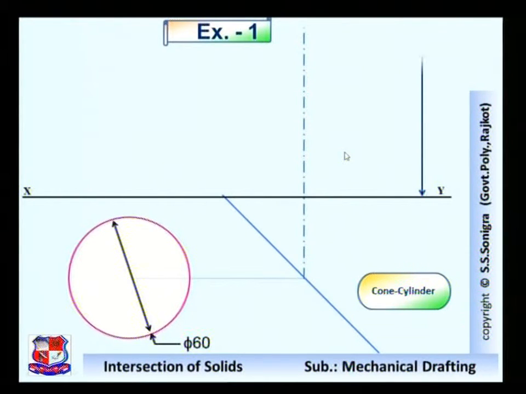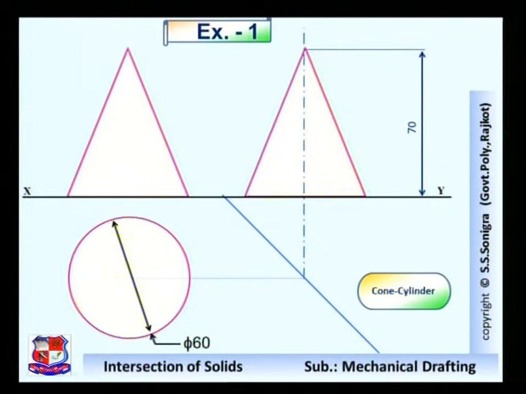Then the height of this cone is given, that is 70 mm. So at a distance of 70 mm from the XY line, mark a point on this axis. This is the apex point of this cone. Now draw a triangle in such a way that its height is equal to 70 mm, the apex is this point, and the width is equal to the diameter of this circle, or we can take projection from these two ends of this circle.